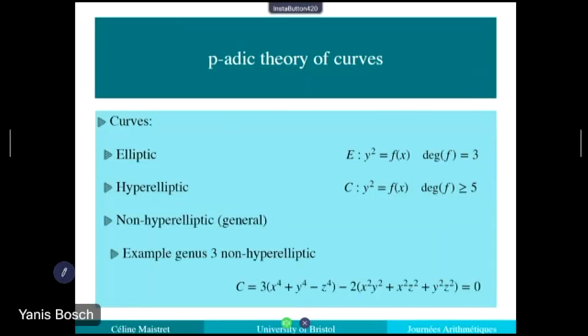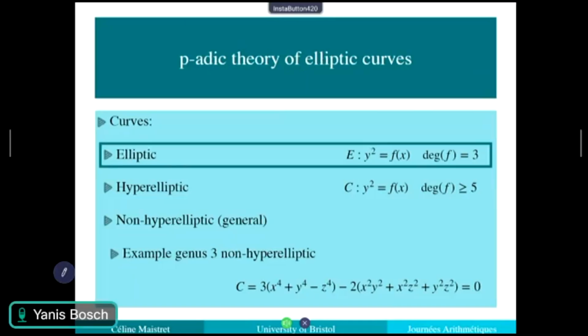So you may notice that elliptic curves and hyperelliptic curves are very similar looking and very nicely presented. Namely, just a polynomial of some degree will define the curve for you. General curves are, of course, a bit trickier. This is an example of a genus 3 curve, which is not hyperelliptic. And as you can see, the model with which it's presented is a bit more involved. So we may expect some difficulties for general curves because of this.